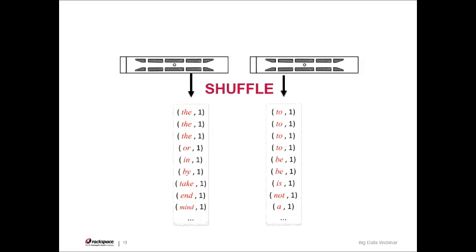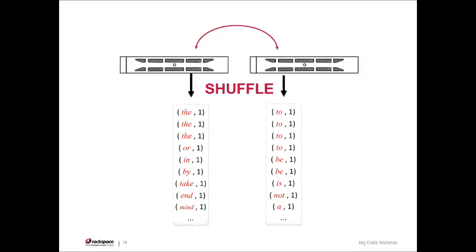In the shuffle phase, we distribute data over the network so that reducers have the right data to perform the reduce operation on. And the data that the reducers receive is based on the key of the key value pair, where each reducer gets all the key value pairs for a specific set of keys.